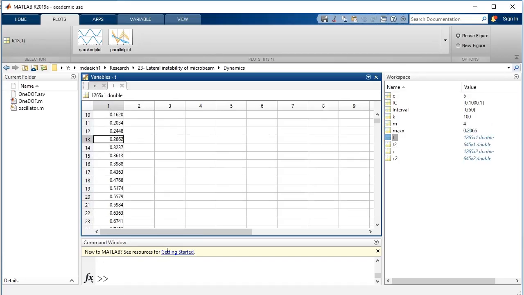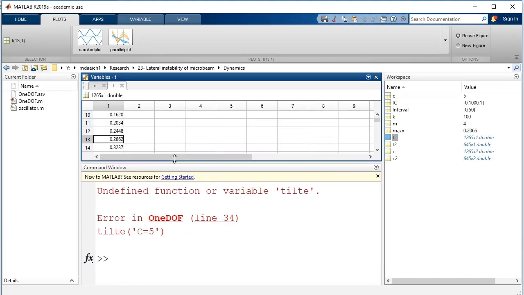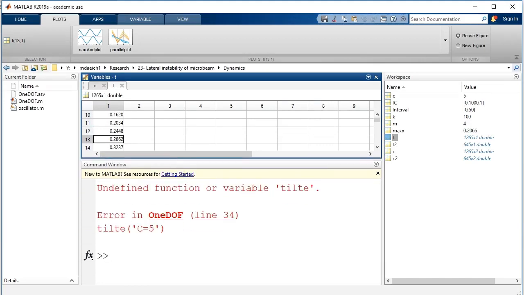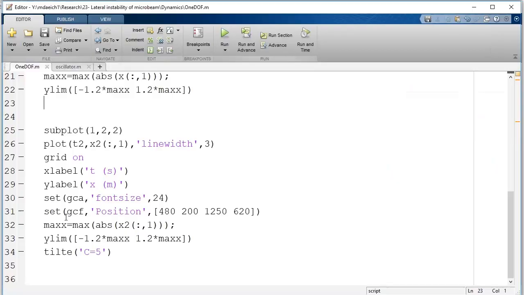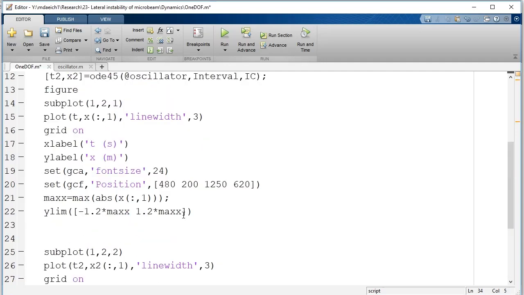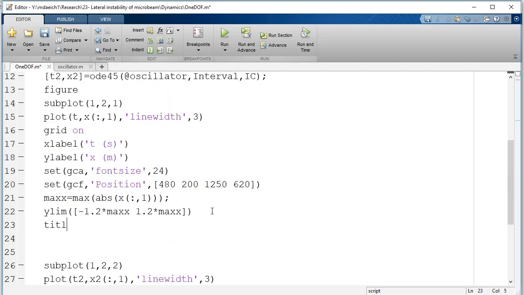We got the results, but we are also getting an error, I think. Oh, title. I wrote it, so this is title C5, and here would be title C equal to 1.